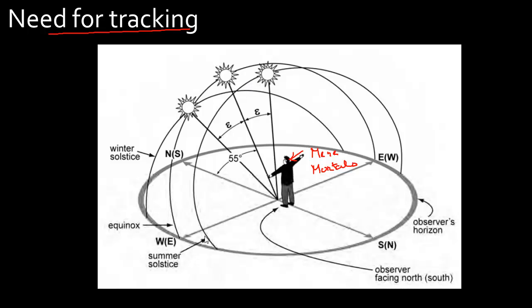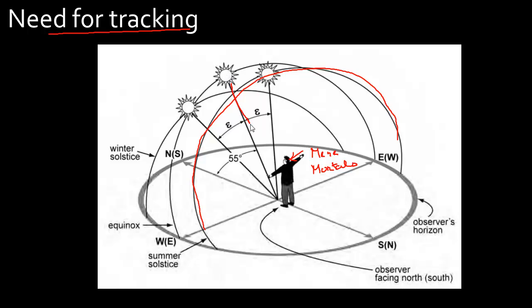Every day the sun goes around, or actually the earth is going around, but from our perspective the sun is going around. So our panel needs to track this motion of the sun every day.